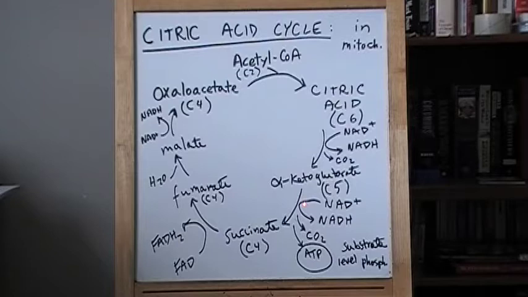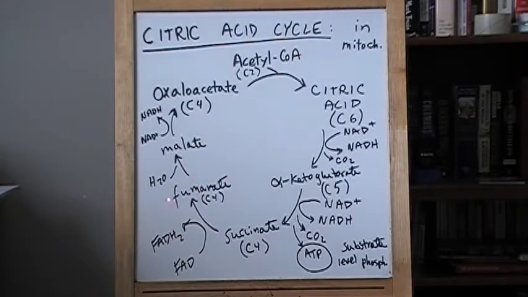That means that the phosphate is coming from the intermediates in the cycle. The next step is, you have succinate, a 4-carbon compound, and once again that's oxidized further, forming another reduced cofactor called FADH2.